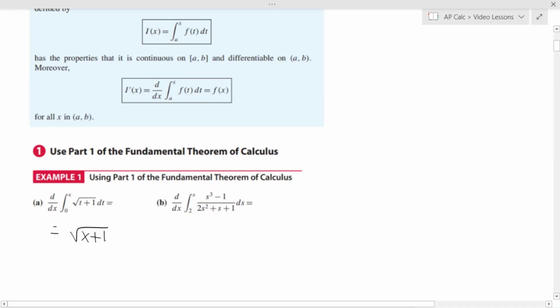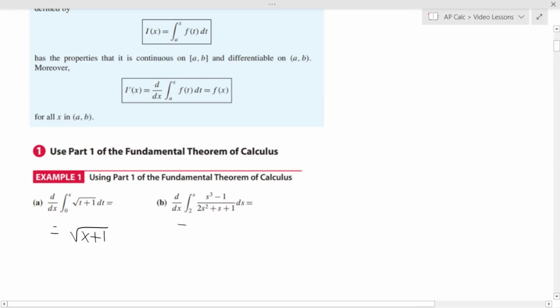Because remember, we're just differentiating the antiderivative, essentially. If we found the antiderivative of the square root of t plus 1, evaluated it at x, then took the derivative of that with respect to x, we'd be back at the original function we started with, but it would be in terms of x now.